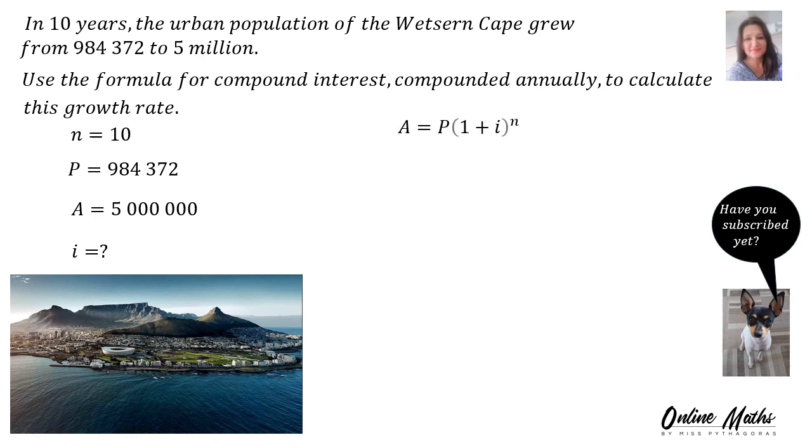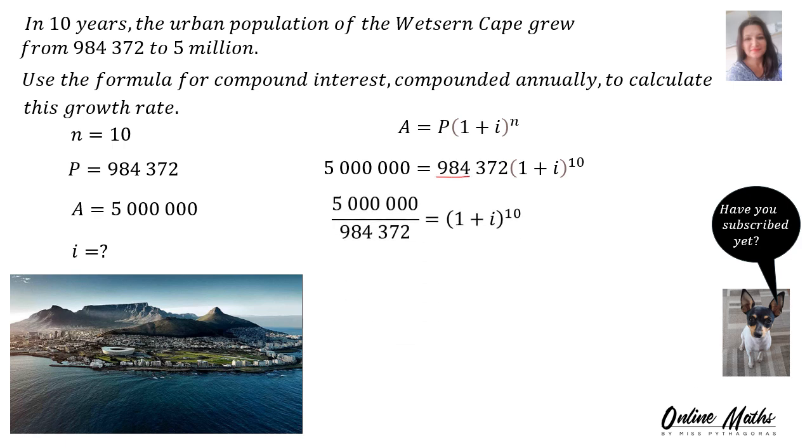Into the compound interest formula, A, 5 million equals 984,000 bracket 1 plus i to the 10. Then I will divide away the 984,000 on both sides, and on the right hand side I'm left with 1 plus i to the power of 10.